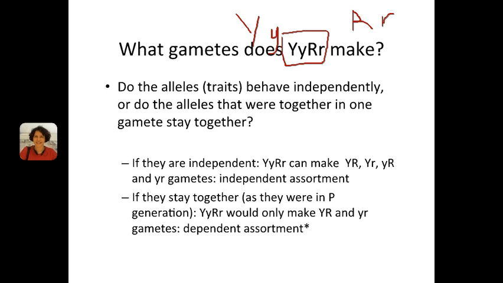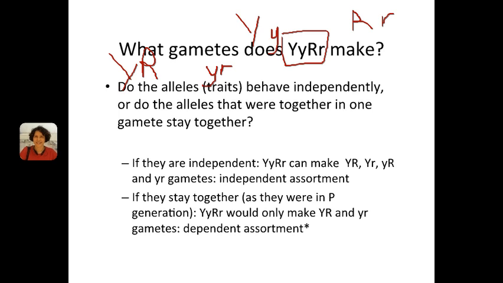So if you have big Y and big R, and big Y and little r, is that a possible combination? Or is it so that big Y always is going to be together with big R, like it was in the grandparent, and little y always with little r? The outcomes are going to be different.